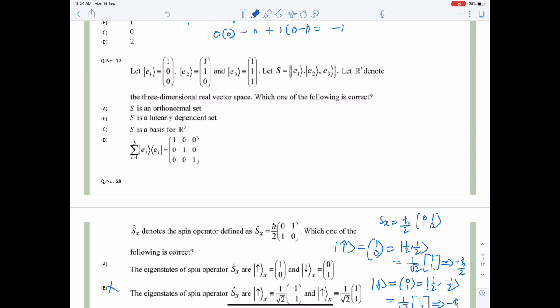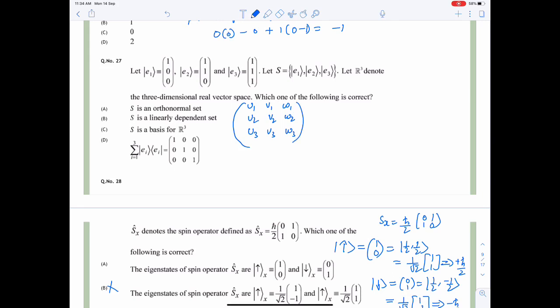So we can check this by the formula: the determinant of u1 u2 u3, v1 v2 v3, w1 w2 w3, where these are the vectors.